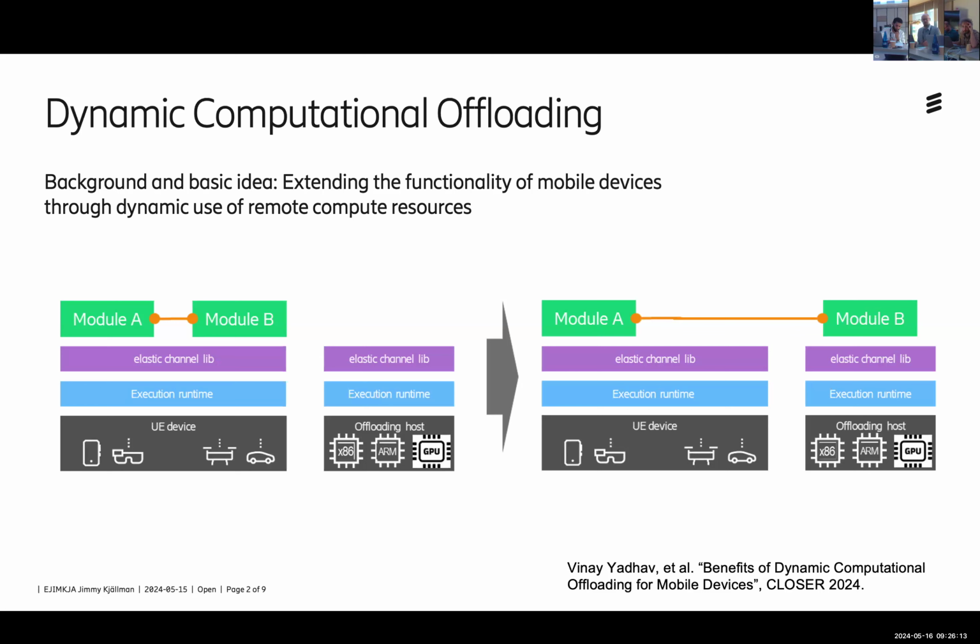So it's not the more traditional thing where you have a very static service in the cloud somewhere, where you get computational resources. Instead, you can actually move code, even the same code, and run it on the device or at the edge, and move it between the two.